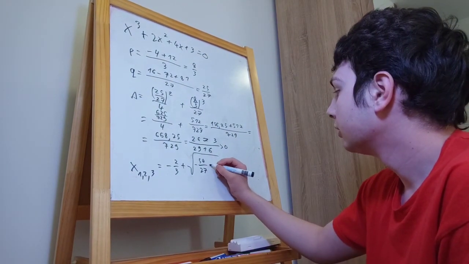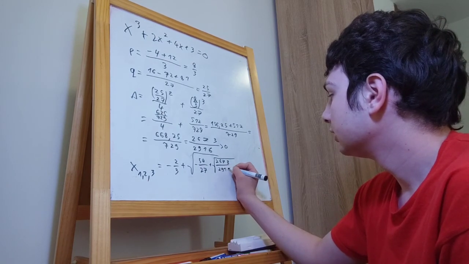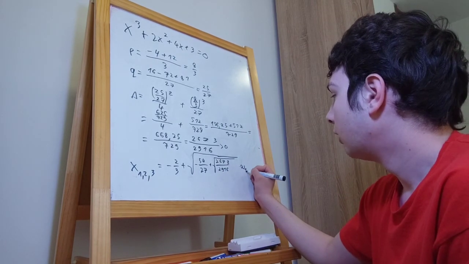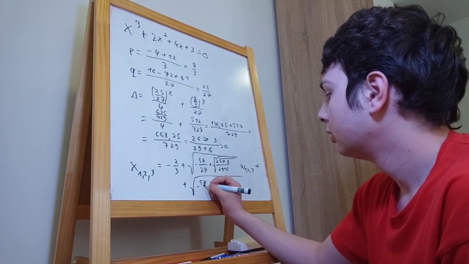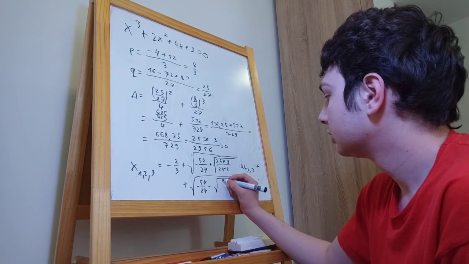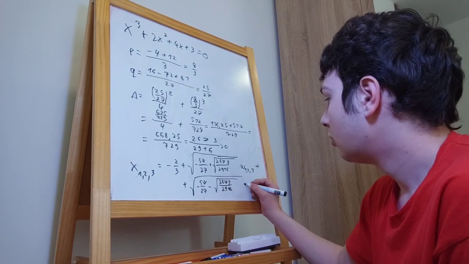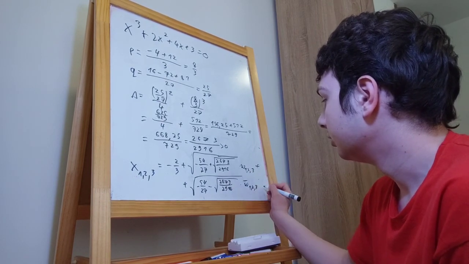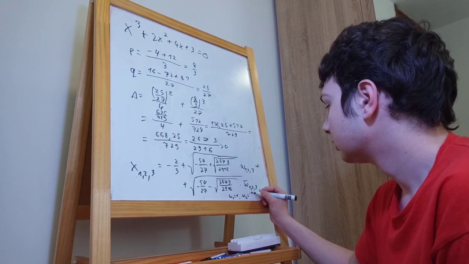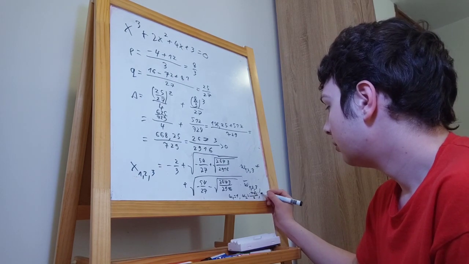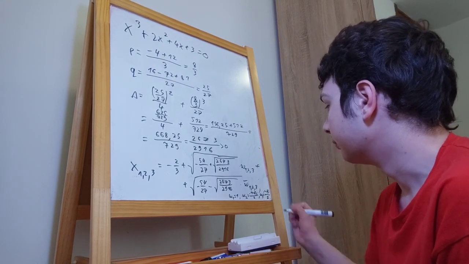Minus 54 over 27 plus square root of 2673 over 2916 times omega 1, 2, 3 plus the same thing but with a minus, square root of 2673 over 2916 times omega 1, 2, 3 conjugated, where omega 1 is equal to 1, omega 2 is equal to minus 1 plus square root of 3i over 2, omega 3 is equal to minus 1 minus square root of 3i over 2. And that's it.